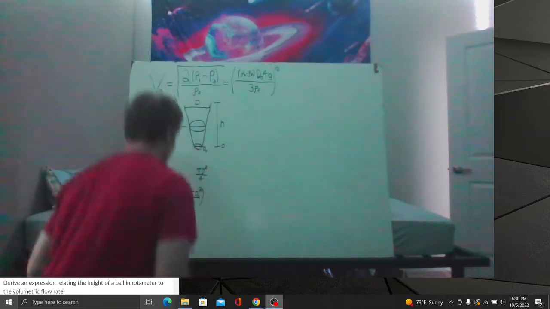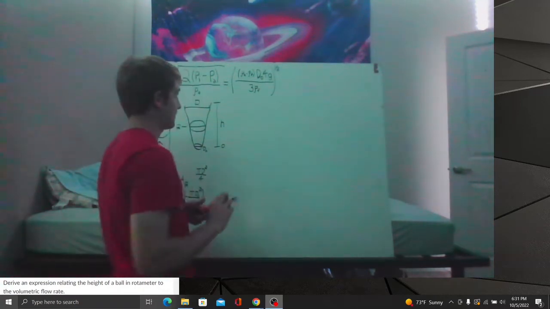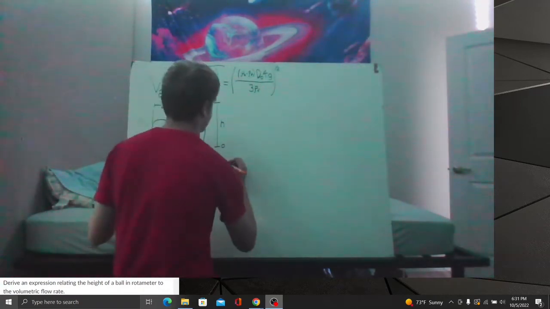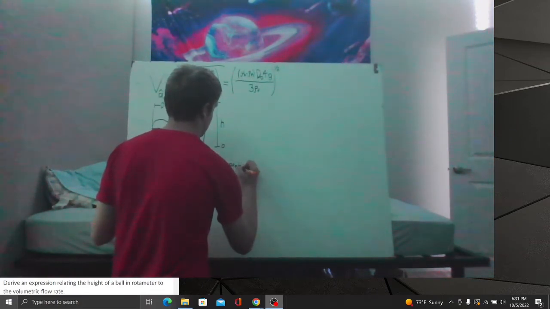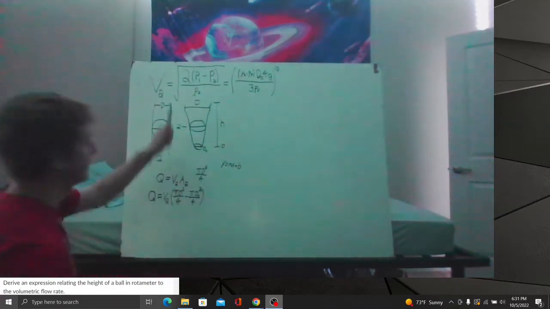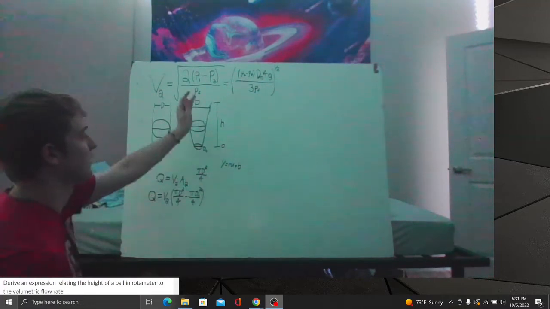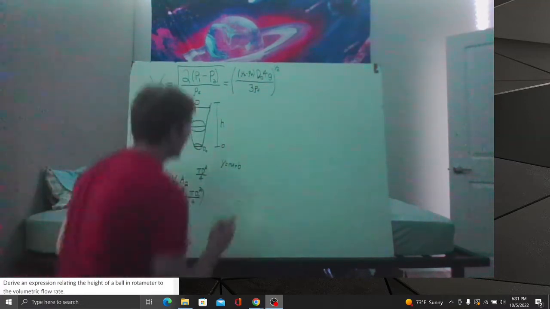So now we want to plug something in for d to get everything in terms of d naught. We can make a linear equation in the form of y equals mx plus b, because these sides of our rotometer are actually straight lines with a slope that we're going to call m.